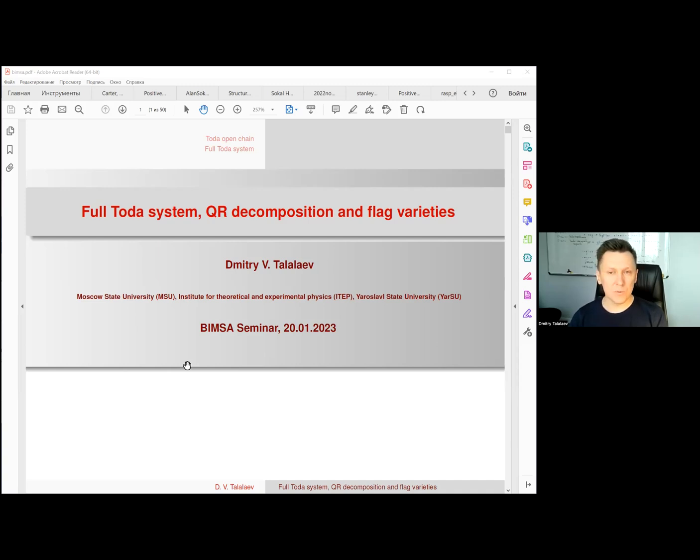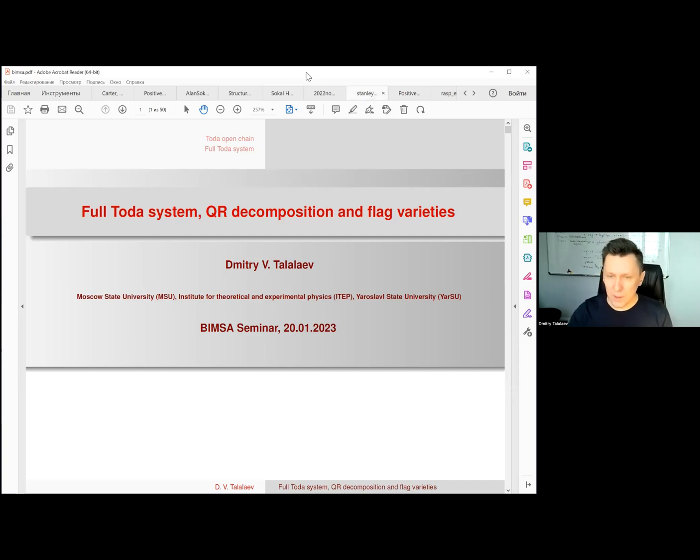It is responsible for some efficient calculating methods like QR decomposition, and it has some very important geometric properties, and I will talk about these aspects today.